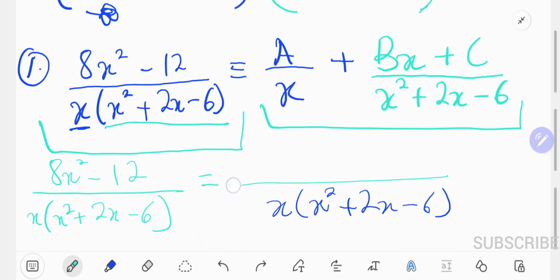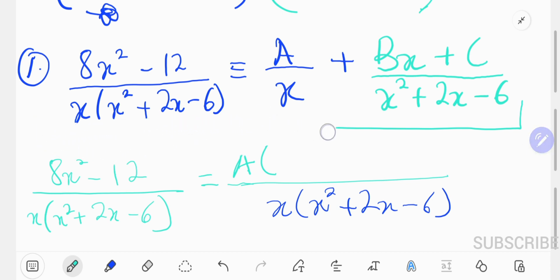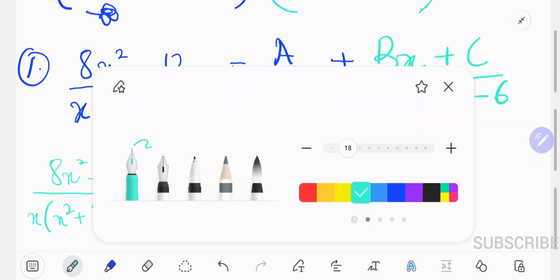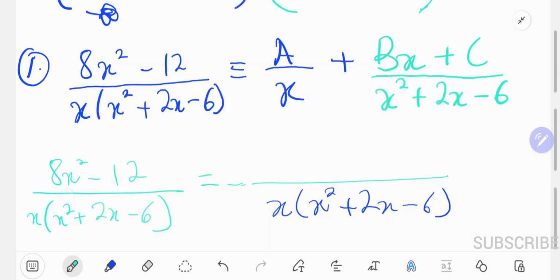So we are going to get a multiplying x squared plus 2x minus 6, right?